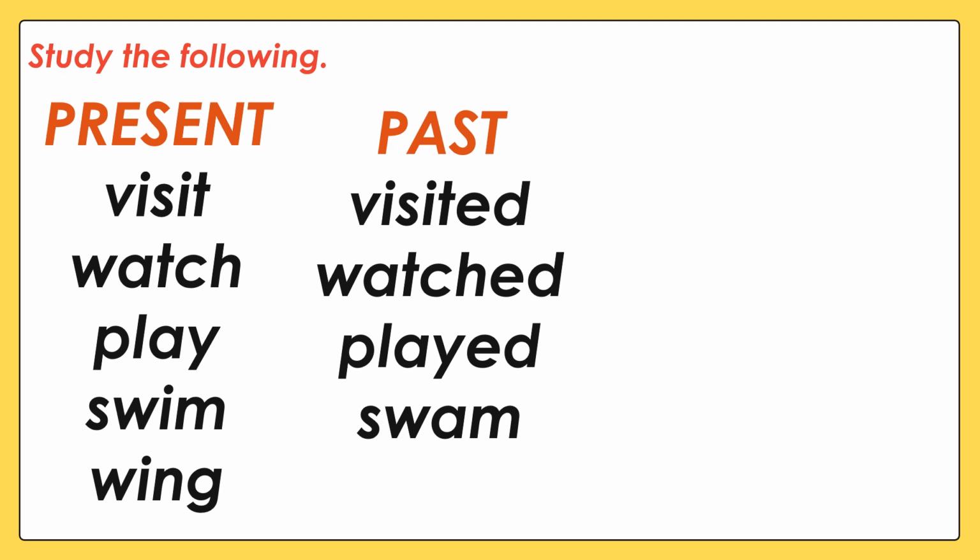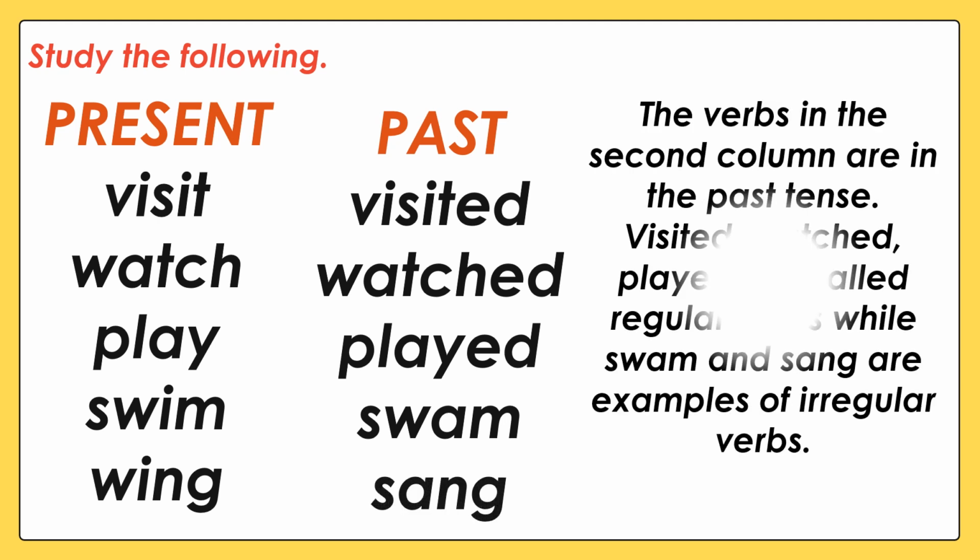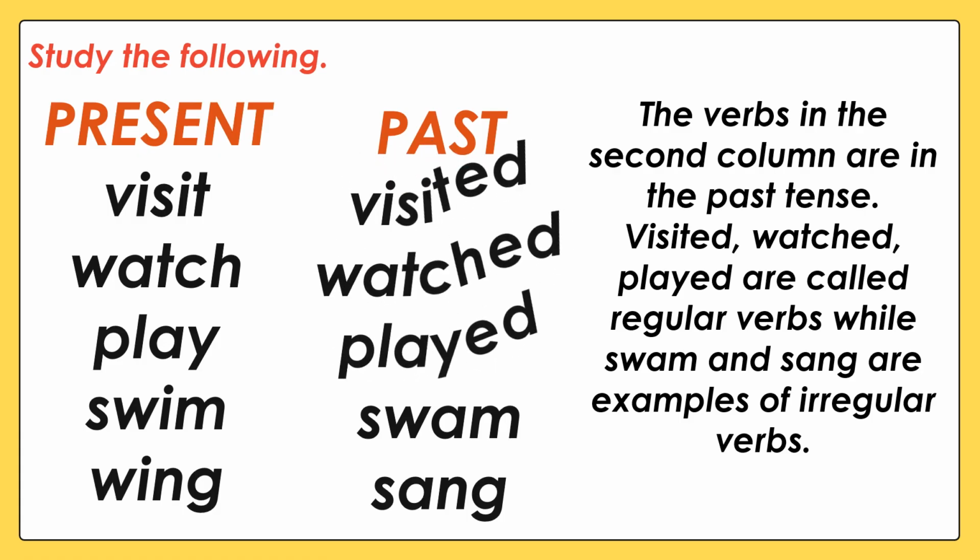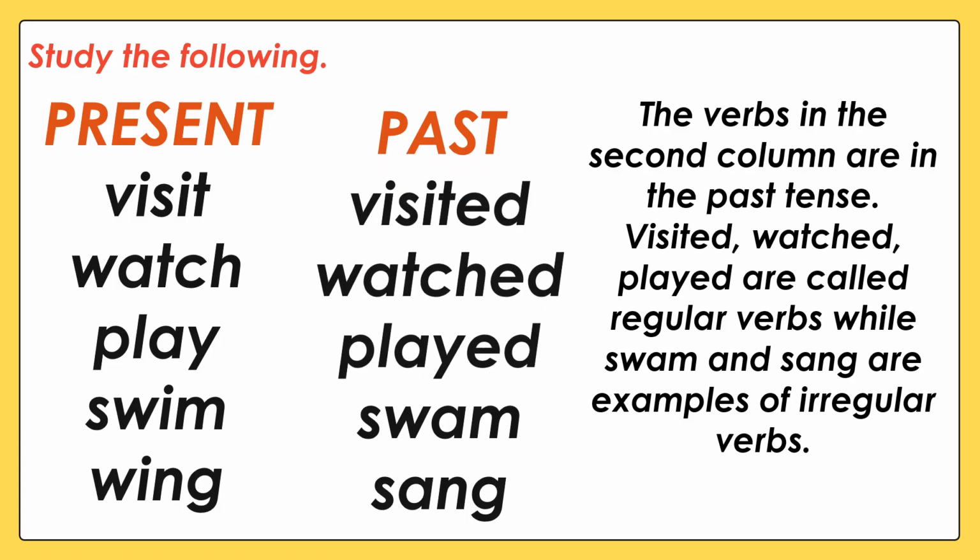Sing, sung. Now, the verbs in the second column are in the past tense. Visited, watched, played are called regular verbs, while swam and sung are examples of irregular verbs.